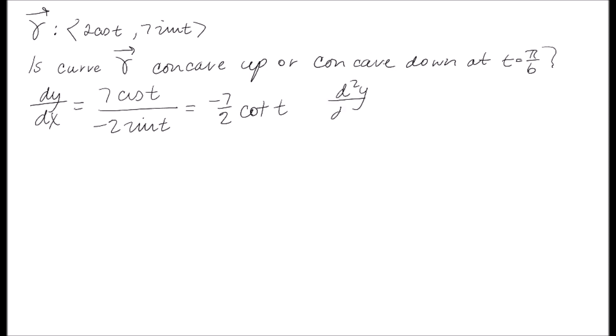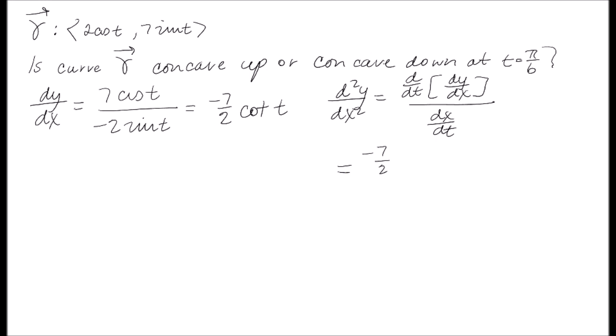Now we know that we get the second derivative by taking the derivative of dy/dx and then dividing by dx/dt. So this is going to be the derivative of negative 7/2 cotangent t. So it's negative 7/2, and what is the derivative of cotangent t?